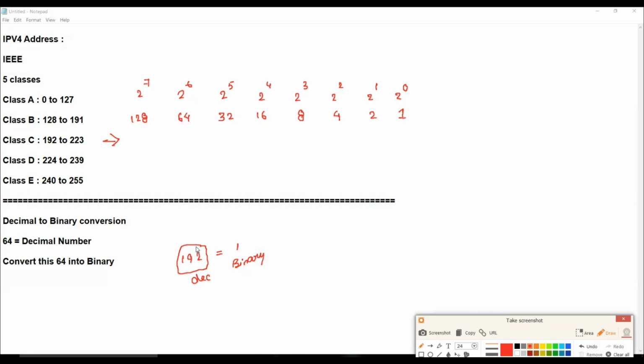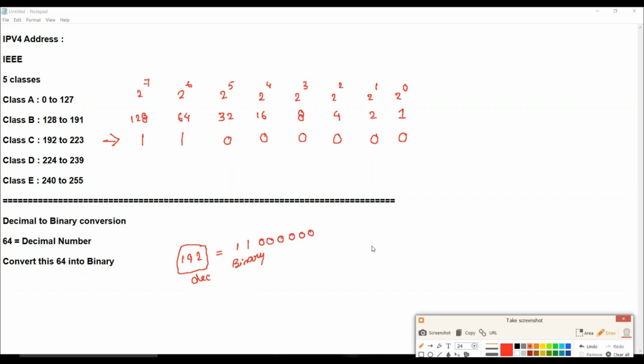So 192 means if I add 128 and this value 64 together, the answer is 192. So I can keep these bit position values as 1, and the remaining bit position values I can keep as zeros, right? So this is giving me the value which is 192. All right. So the answer is 11 followed by 6 zeros.